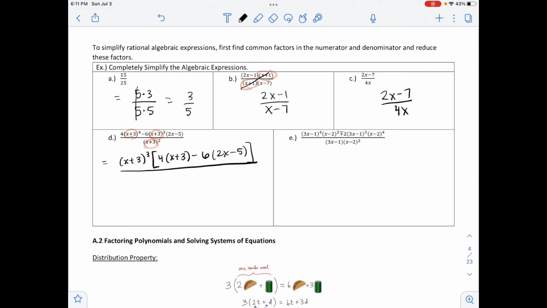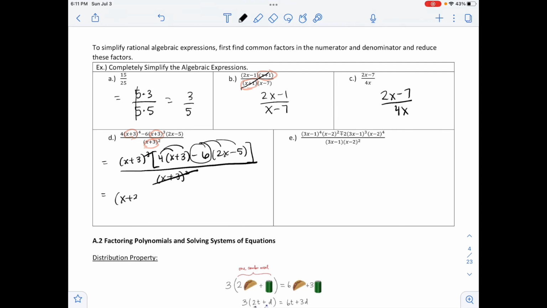All over our denominator, which is x plus 3 raised to the second power. And so we have x plus 3 factor in the denominator and in the numerator. 2 of them are going to cancel with 2 of them up above. And from here we can also distribute these values, and it's a negative 6 being distributed also.